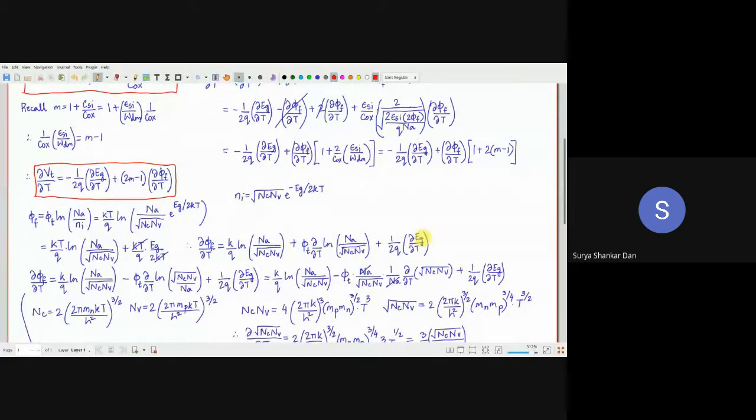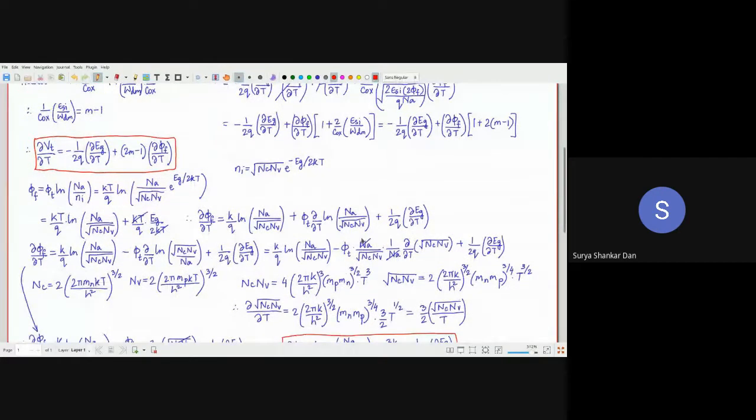Okay. Now we will work on this term. So del phi f del T is equal to k by q ln Na by root over NcNv.